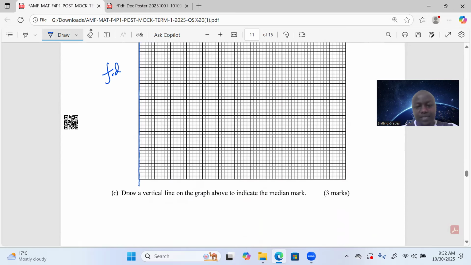Then along the x-axis, we shall have the class boundaries, not the class intervals. So we'll have the marks here at the class boundaries like that.